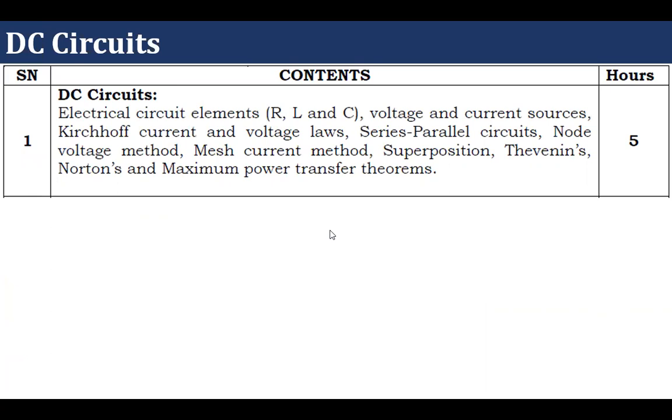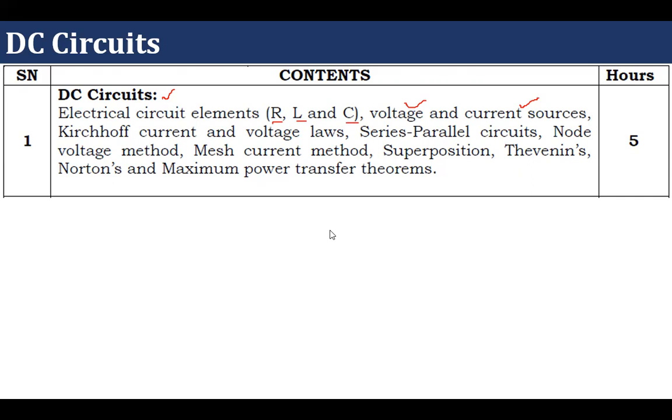In the first unit of this course, which is named DC circuits, we have to go through basic electrical elements like resistor, inductor, and capacitor. We have to understand voltage and current sources, and then we have to go through very basic laws like KCL, KVL, and Ohm's law.